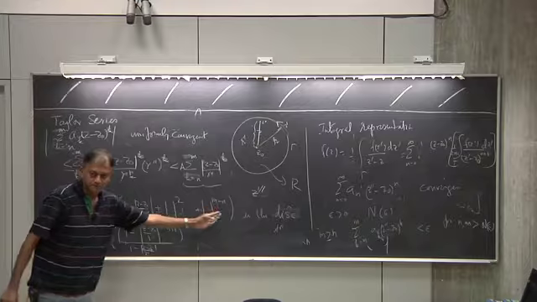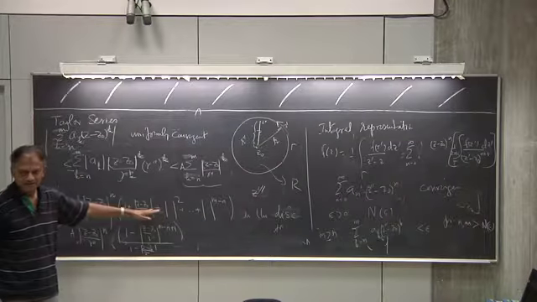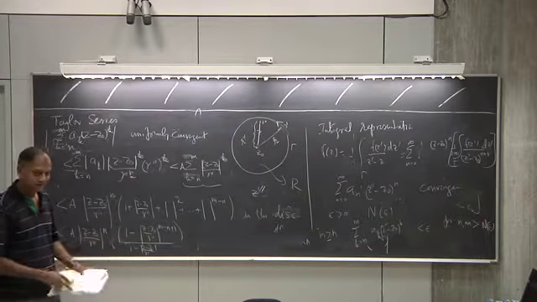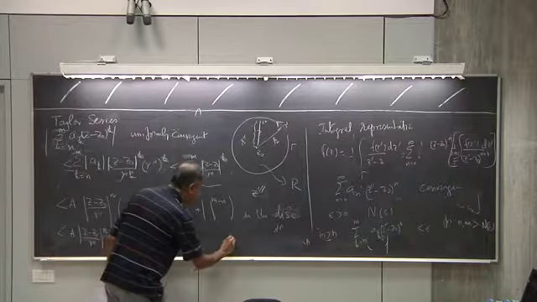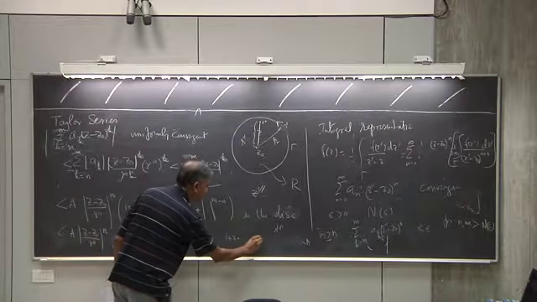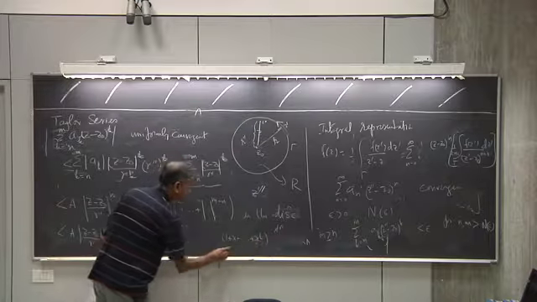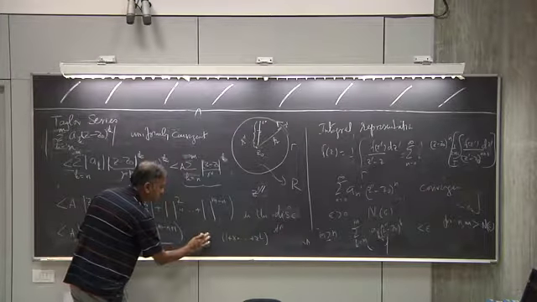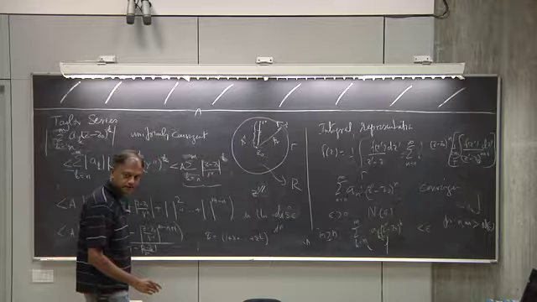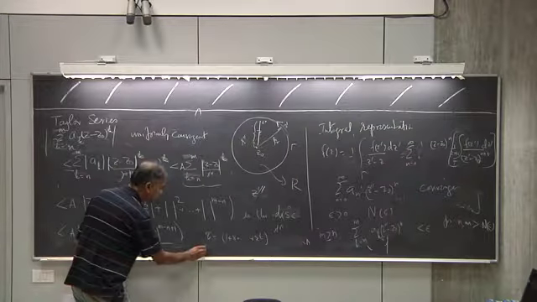This you can sum, right? You remember the way we did it. If you have 1 plus x up to x to the k, let's call it q. Then we multiply by x.